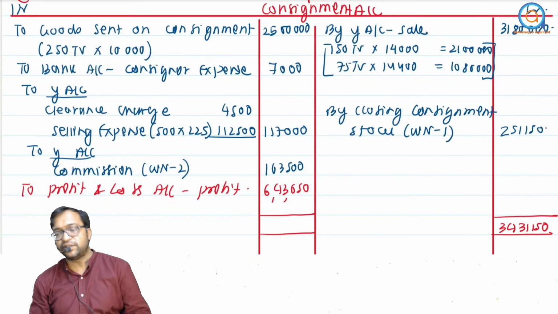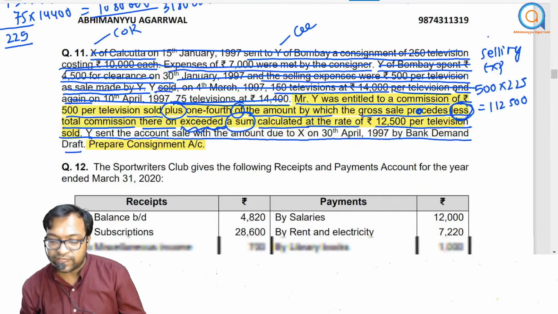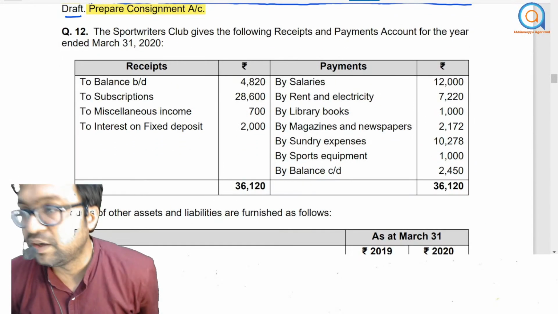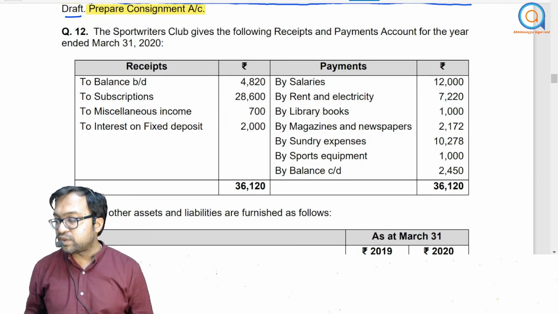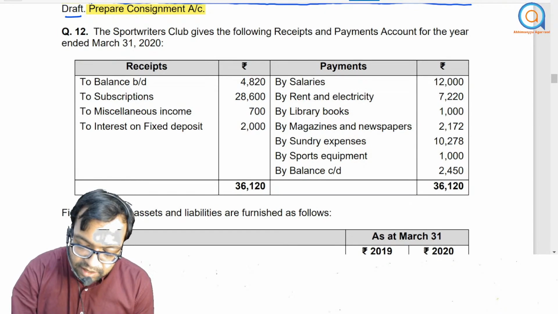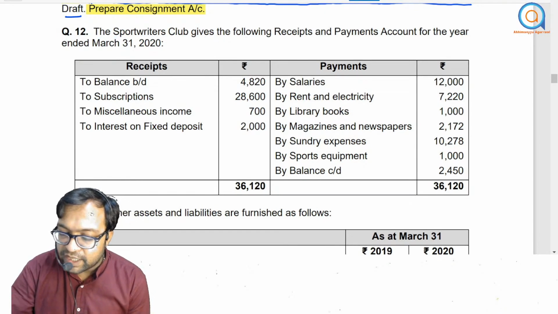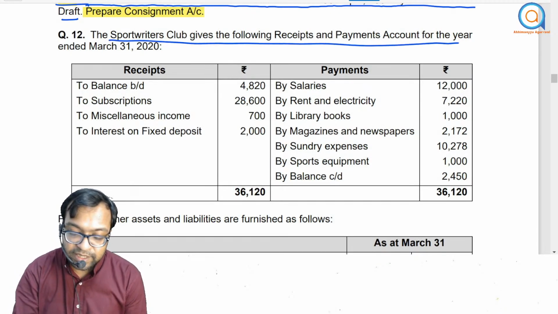Chalo, let's do one sum on this. Question number 12. Let's read this sum, sir. Sir, how many more sums? Chalo, this will be the last sum for today. The Sports Writer Club gives the following receipts and payment account for the year ended 2020.